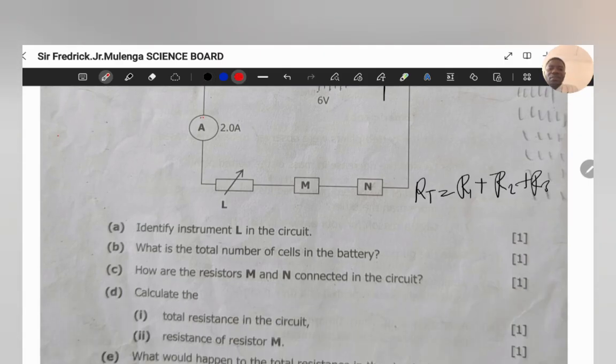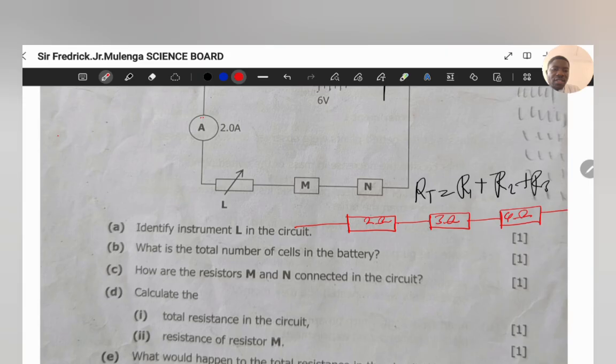So if we have this kind of wire having resistance connected in that arrangement, which is a series arrangement, and we imagine that the first resistor is reading 2 ohms, 3 ohms, 4 ohms.